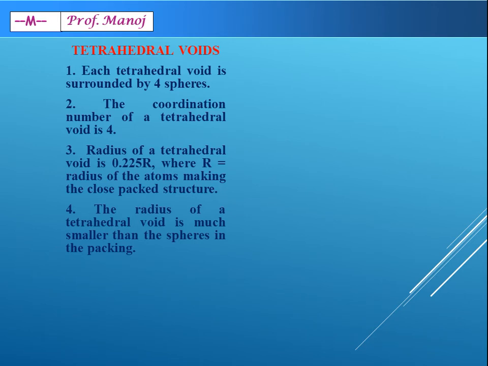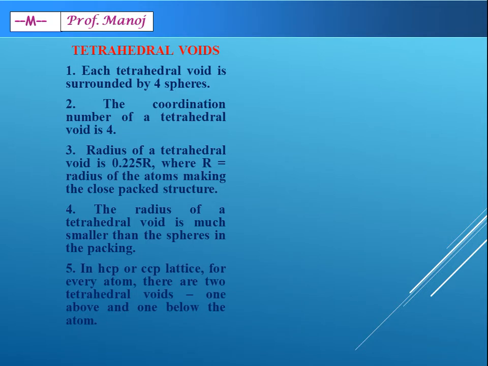The radius of the tetrahedral void is much smaller than the spheres. In an HCP or CCP lattice, for every atom there are two tetrahedral voids, one above and one below the atom. In fact, that is why the formula was 2n.